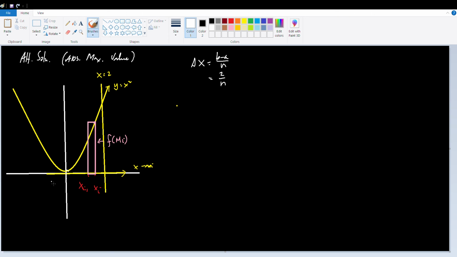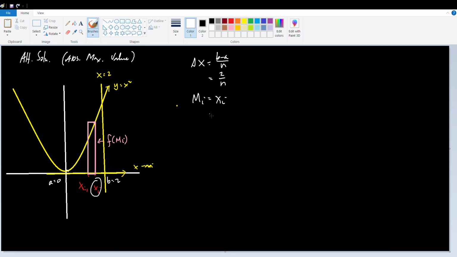Your a is 0 and your b is 2. So 2 minus 0 all over n. And your maximum occurs at Mi, and Mi is actually occurring at the right end, which is x sub i.